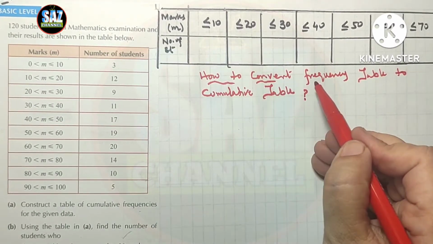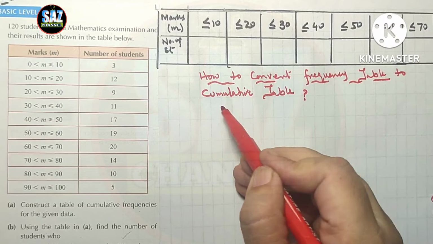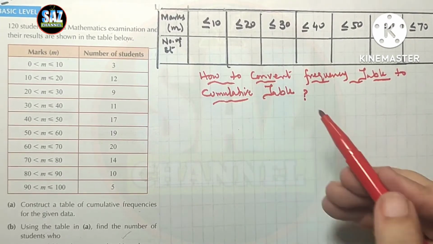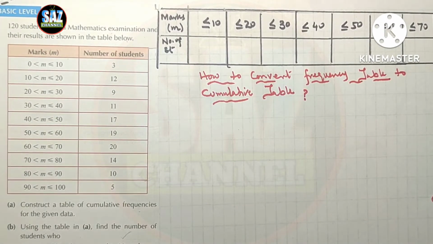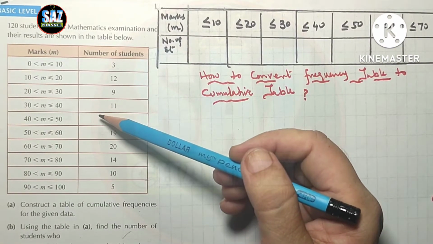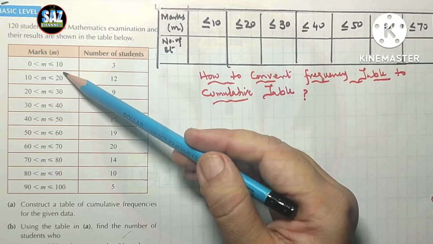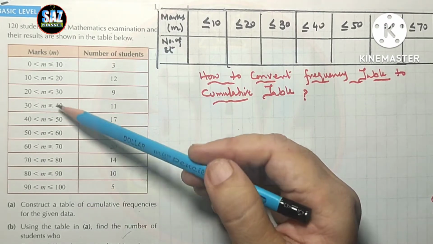This is the objective of today's class, that we will learn how to construct the cumulative frequency from the frequency. In order to construct the cumulative frequency, we have to take the upper class boundaries of each class on the x-axis.